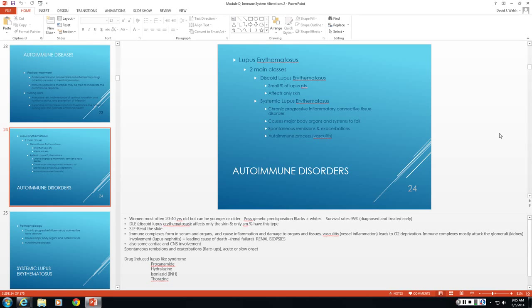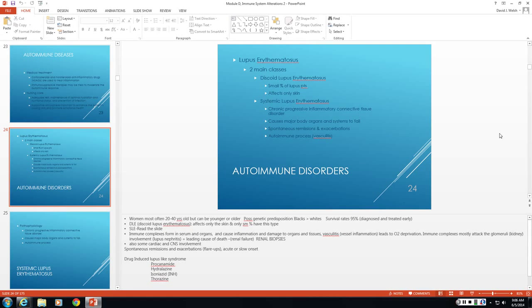Okay, now that we've said that, there's DLE, which is discoid lupus erythematosus, which affects only the skin, and only a small percentage of people have this type.